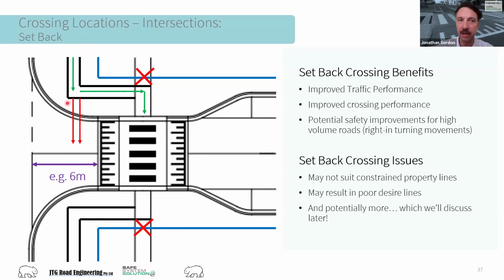The average crossing user may not do that, but certainly we don't want to have situations where this crossing location becomes unattractive and people decide to cross at the incorrect location. For 6 metre setbacks, it might not sound like much, but for larger vehicles that you may be storing here, these could become unreasonable setbacks for that desire. So there are potentially some other issues, and we'll discuss them later in day 1 and day 2.